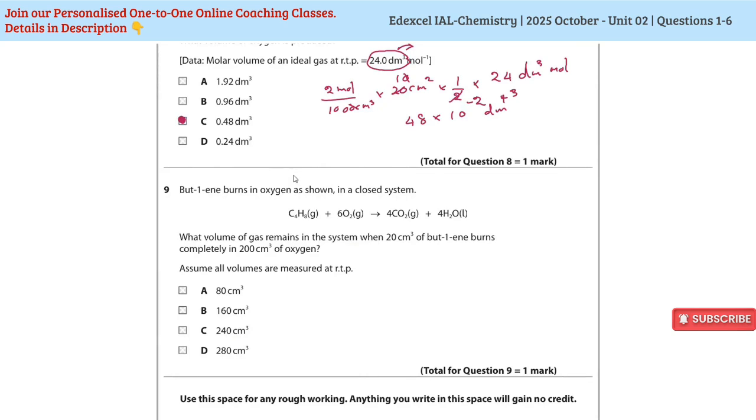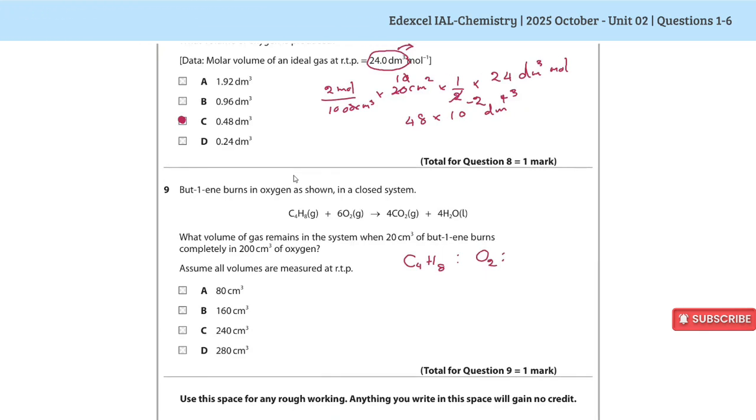So we will build up the stoichiometric relationship between all the gaseous species: butene to oxygen to carbon dioxide. According to stoichiometry, 1 mole of butene reacts with 6 moles of O2 and produces 4 moles of carbon dioxide.